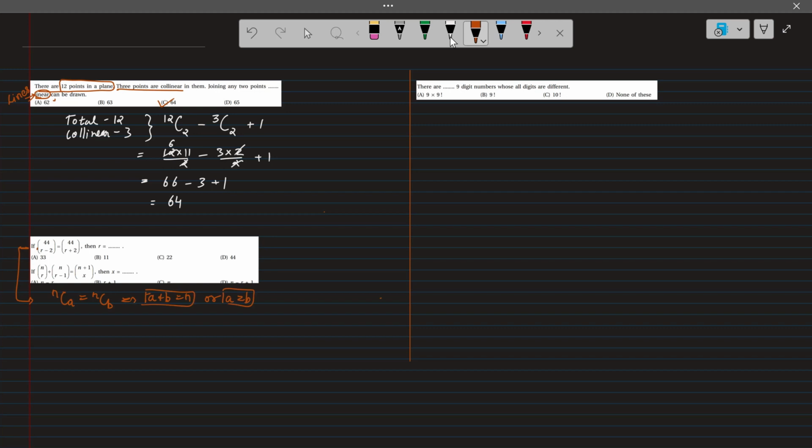We cannot use a equals b here, since r minus 2 and r plus 2 cannot be equal: r would get cancelled out and we would get minus 2 equals 2, which is not possible. So we will directly use a plus b equals n. We can say r minus 2 plus r plus 2 equals 44. Hence 2r equals 44, or r equals 22.